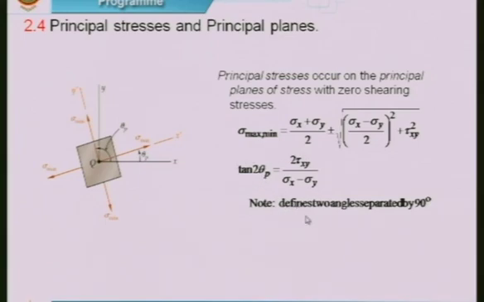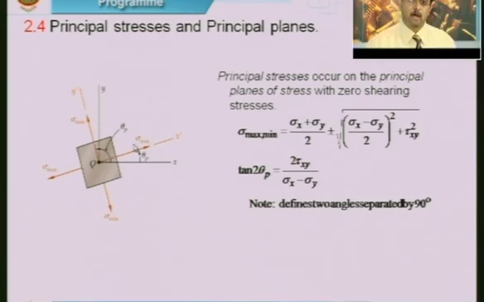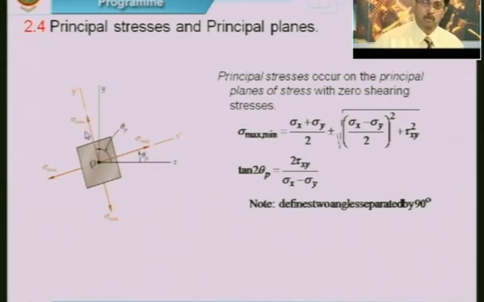Okay, now the theta p defines two angles separated by 90 degrees. So you can see in this diagram. So for the stress that we have indicated, theta p would be this, the normal stress that is going to be acting would be the maximum stress, which is denoted as sigma 1 or sigma max, and normal to this plane you will have the normal stress, which would be the minimum stress that is going to be acting, which is the minimum principal stress.